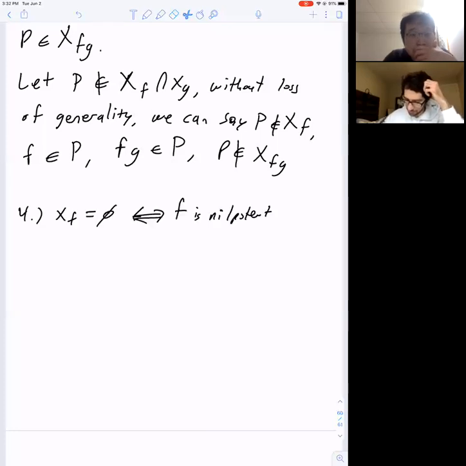So how do I prove that a basic open set is empty if and only if the element f is nilpotent?